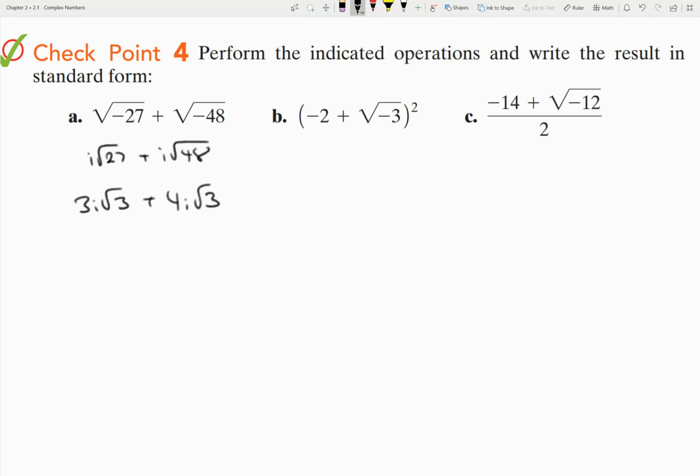The 3 and the 4 add together to give me 7i√3. For the second one, the first step is (-2 + i√3) squared. Same as before. a squared is going to be 4, minus 4i√3.